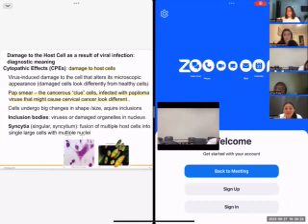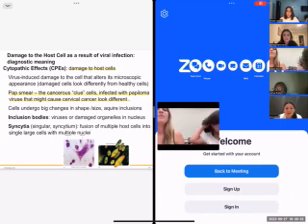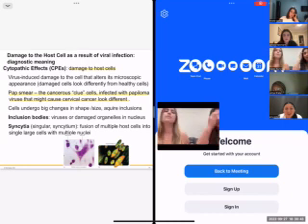Then damage to the host cell as a result of viral infection, which has diagnostic meaning. Cytopathic effects are damage to host cells. Viruses induce damage to the cell that alters its microscopic appearance, so damaged cells look different from healthy cells.